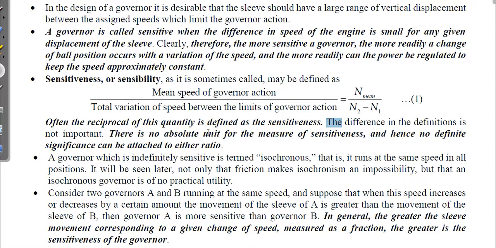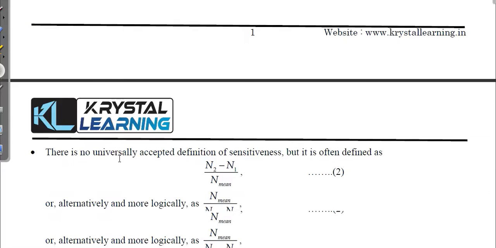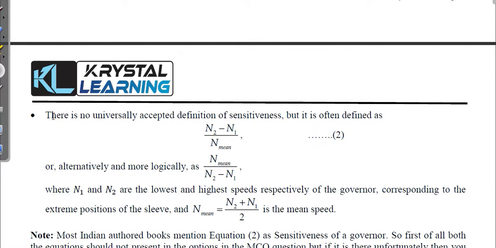Okay, and you see this is the different order. It is also saying that there is no universally accepted definition of the sensitiveness, but it is often defined as N2 minus N1 upon N mean, or alternatively and more logically as N mean upon N2 minus N1. So this author is using both the formulas for defining sensitiveness, but it is also comparing which one is more logical.